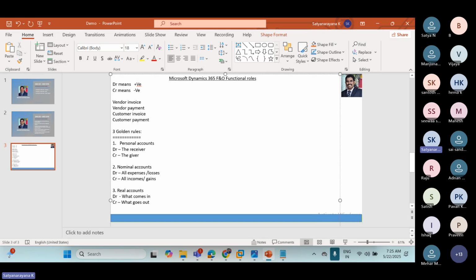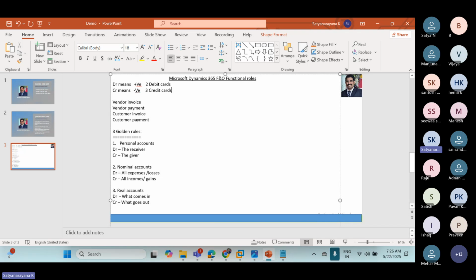How can I remember? Suppose in your pocket there are 5 cards: 2 debit cards and 3 credit cards. In your debit card, the amount there is your money. Agree with me? Whatever money is in your bank, that is your money.